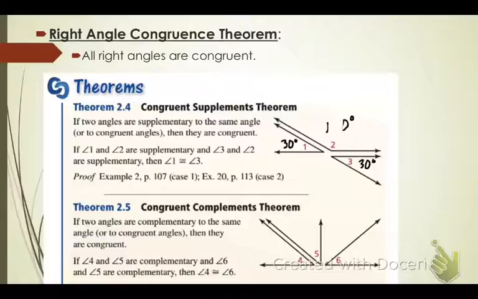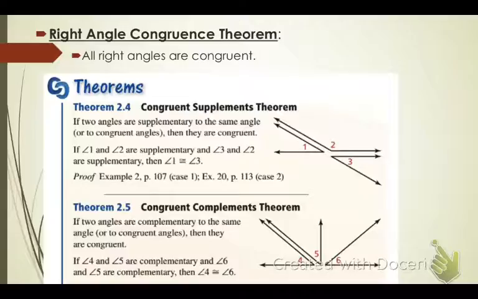I could change this to be 140, and that would mean that both of our angles, 1 and 3, both have to be 40 degrees. Any value you assign to angle 2, angles 1 and 3 would have to be the same because they have to add up to be 180. That's what makes them supplementary.